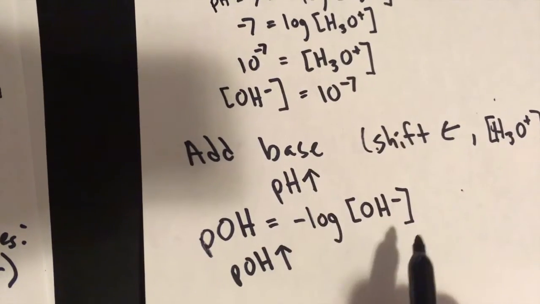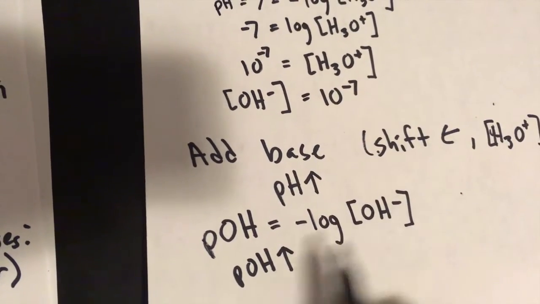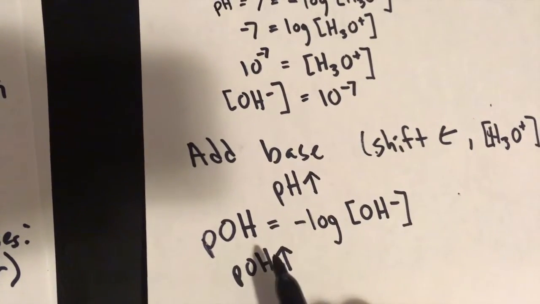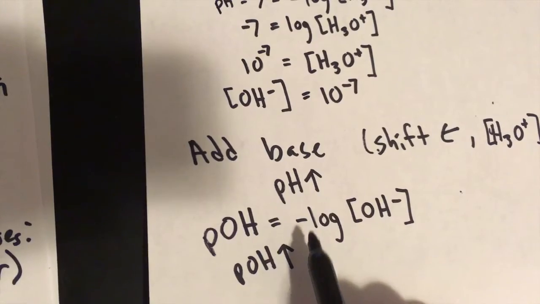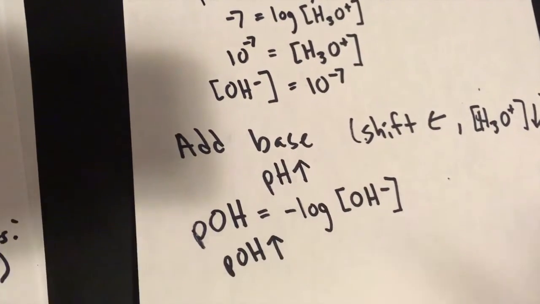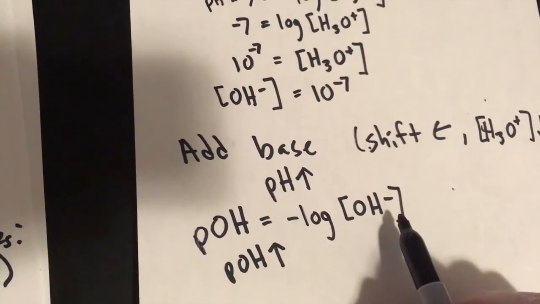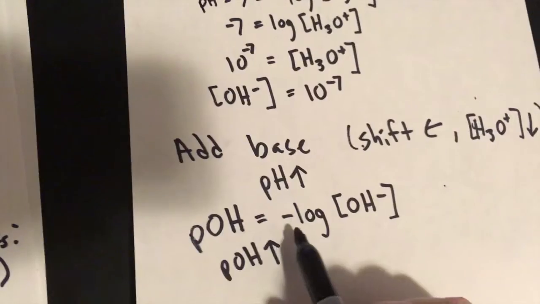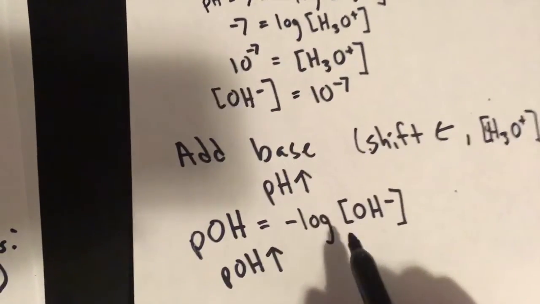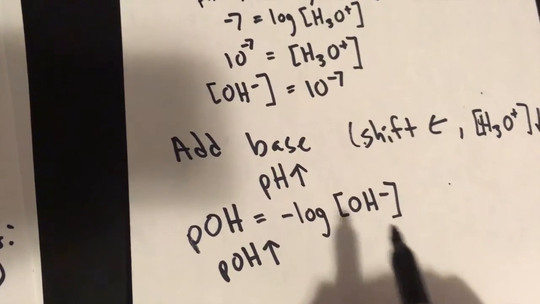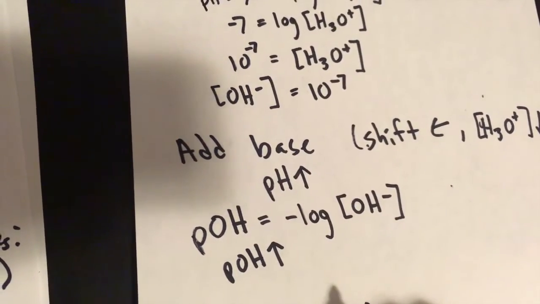If pOH increases, that means this whole side of the equation is increasing. That means if we consider our negative sign, the log of OH- would have to decrease. In order for the negative log to increase, the log would have to decrease, which means OH- would also have to decrease.